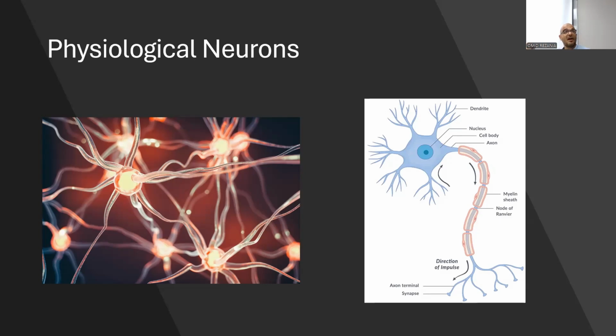The neighboring neuron gets those neurotransmitters, and the signal propagates. Remember that? When you put all the neurons together, you have a network of neurons, as you had in physiology.